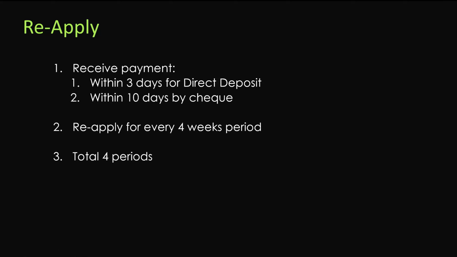Please note that even if you know that you will not be getting any income for the next 4 months or 16 weeks, you will not be able to get all the payments at one time or just apply once. You will have to apply, log in every 4 weeks and make sure you apply. It is important because the process is that those who apply will get the benefits.